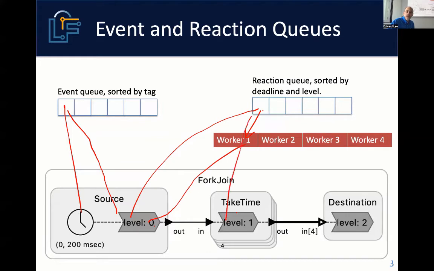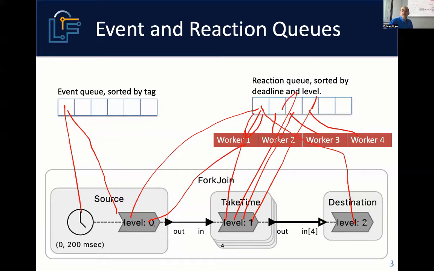So these 4 reactions get put onto the reaction queue. So there'll be 4 of these guys all with the same level. And now all 4 workers will be able to pull a reaction off the reaction queue and execute them in parallel. And then when they get done, this reaction becomes enabled and it becomes the only reaction on the reaction queue, and then one of the workers gets that reaction to execute.